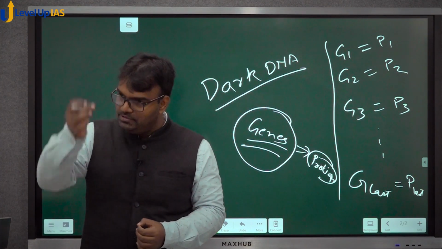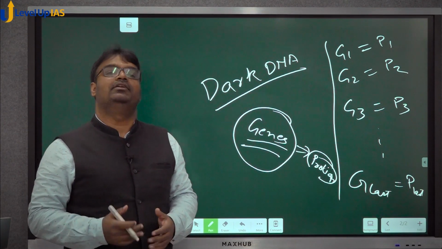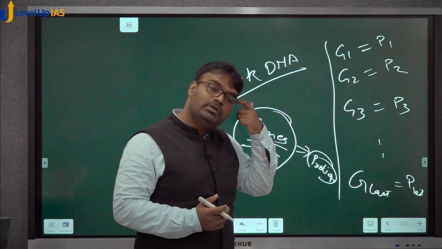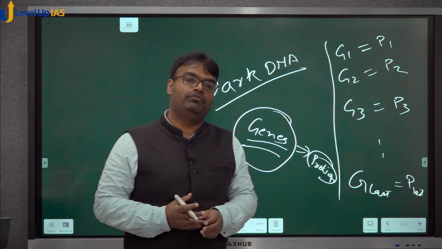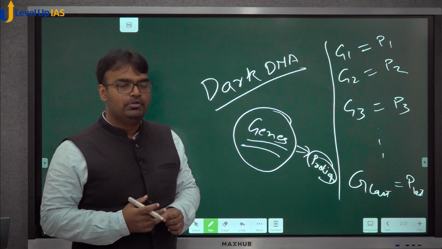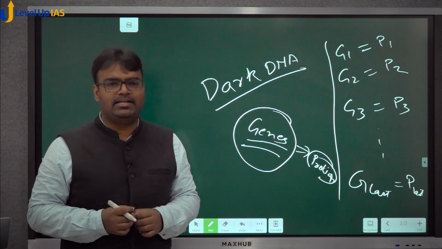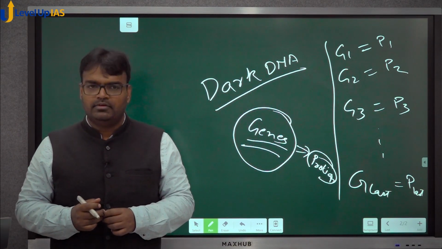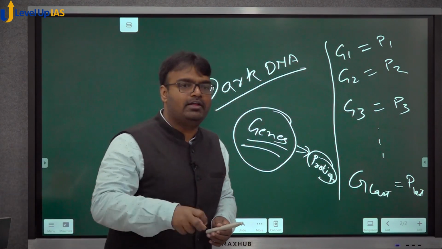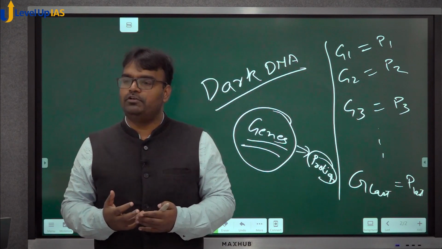Scientists have mapped human genes, but there may be some genes which we have not been able to map properly. So once we develop technologies to better understand or identify dark DNA, it would be beneficial for us.